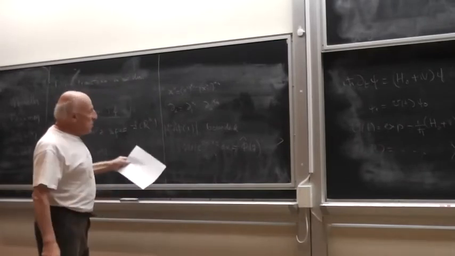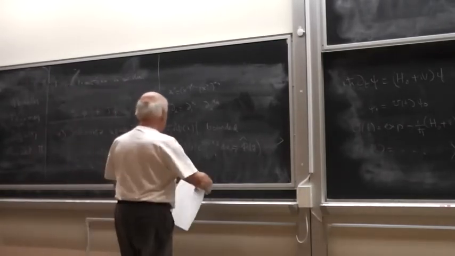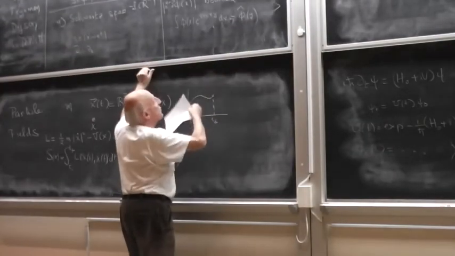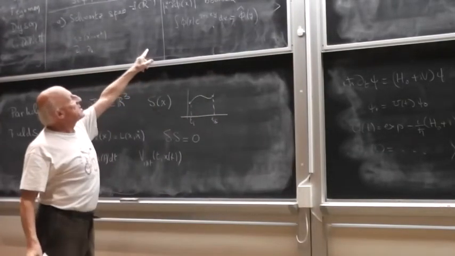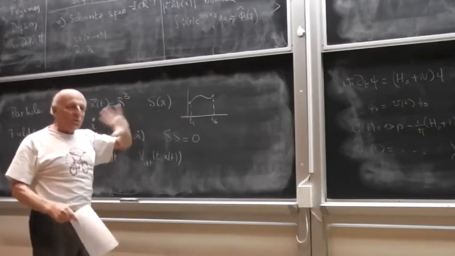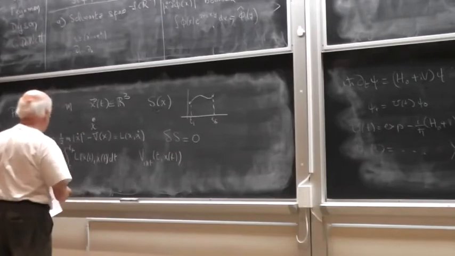So we work with this definition of the Fourier transform, and of course the 2 pi makes it so that if you apply the Fourier transform twice, you get the original function. No more constant.